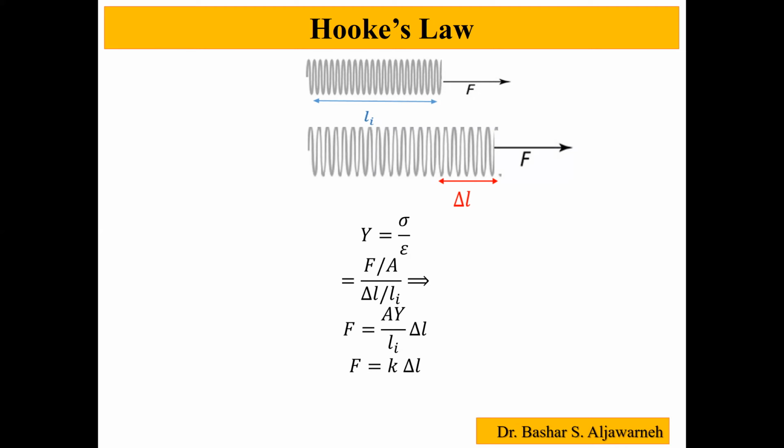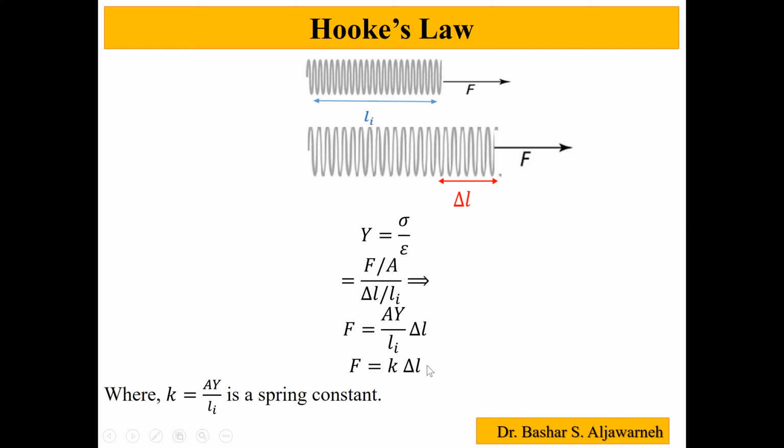So comparing this to this, you can say the spring constant, which is K, is the cross-sectional area times Young modulus divided by the initial length. Again, when I'm saying area, I mean cross-sectional area. Now, what is the unit of this constant?